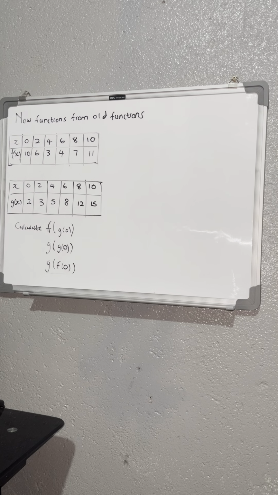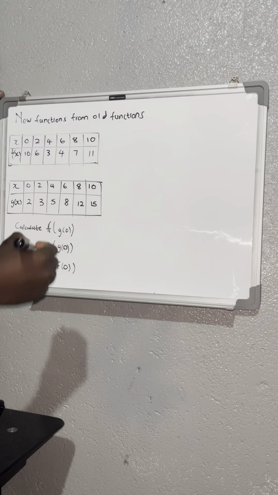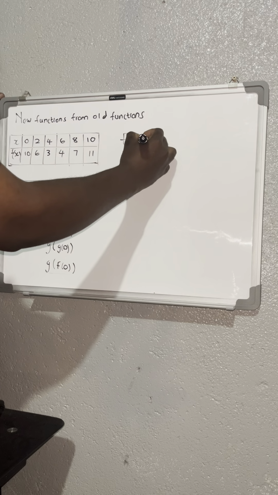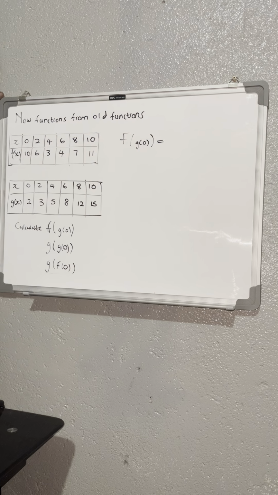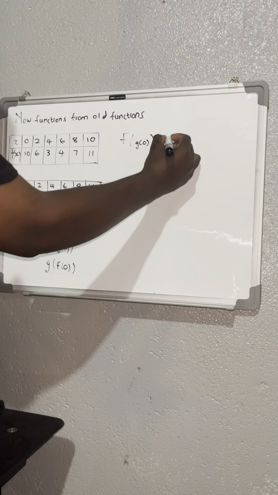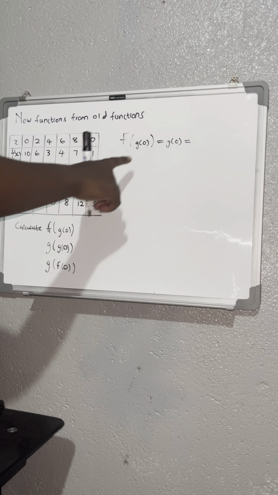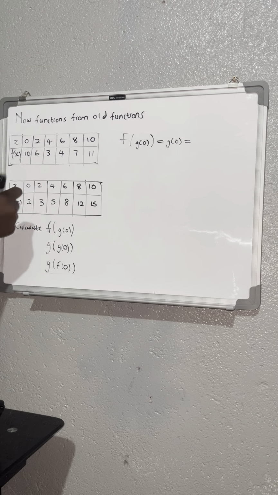Our first one, they have f outside, then they have g inside. So how do you go about working this one? As we said, you start by working your g of 0, which is the internal one. What is your g of 0? You go and check, you have g of 0, it gives you 2.